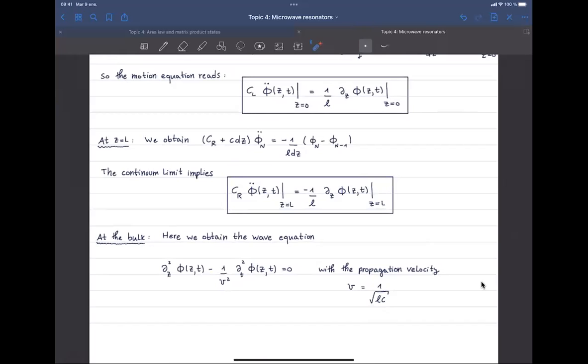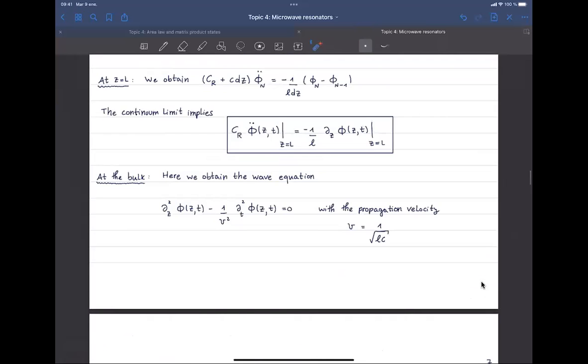This l is the inductance per unit length of the resonator, and this quantity, small c, is the capacitance per unit length. So this is the characteristic propagation velocity, and we have the wave equation.